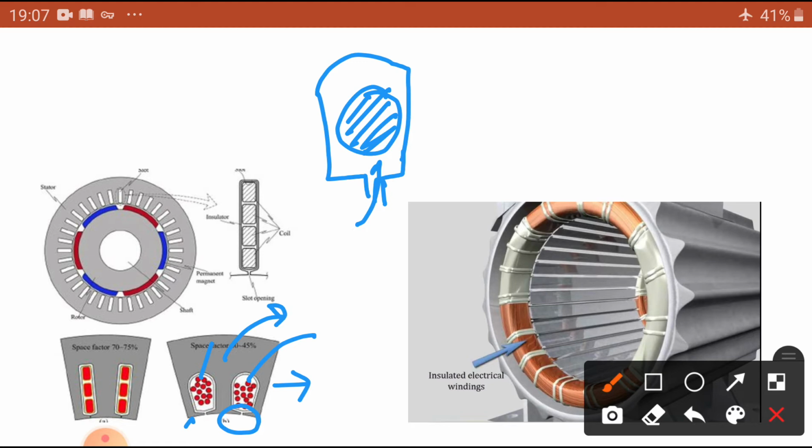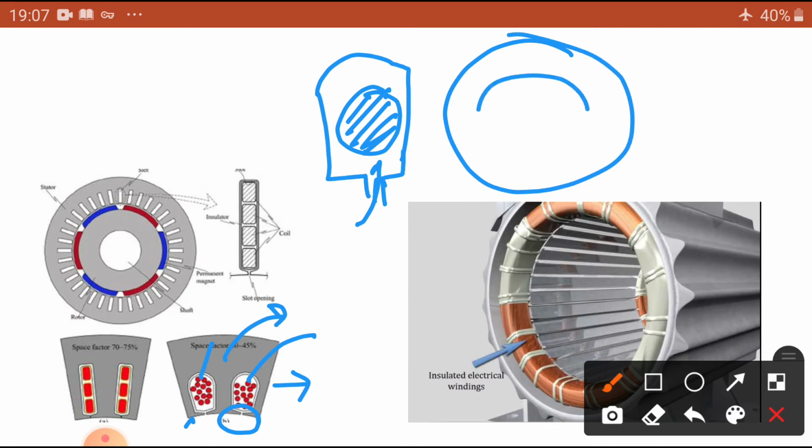And the third one is a closed slot. That means whatever the armature consists of, there is no opening here, and we are directly placing the coil sides inside the slots. You can see here there is no opening.